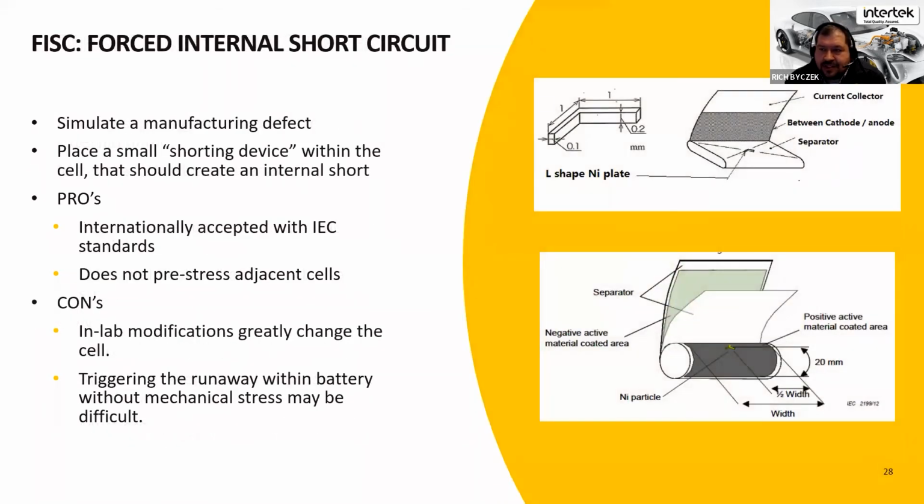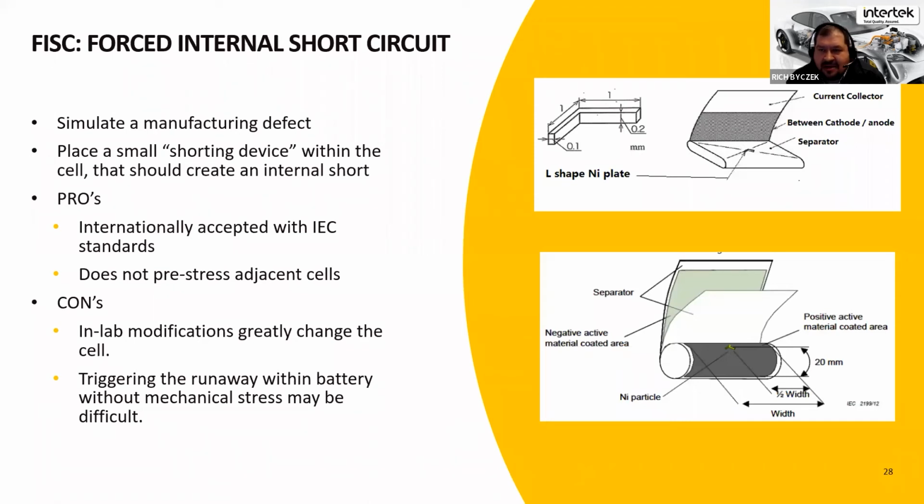Forced internal short circuit. I talked about this earlier, where you actually put the known simulated shard of metal, and there's actually an L shape that's defined here in the standard, again from a repeatability standpoint, so that you get a repeatable simulated event. However, there's a lot of concern here that because you have to modify an already manufactured cell, it may or may not be representative of what that cell is going to do.